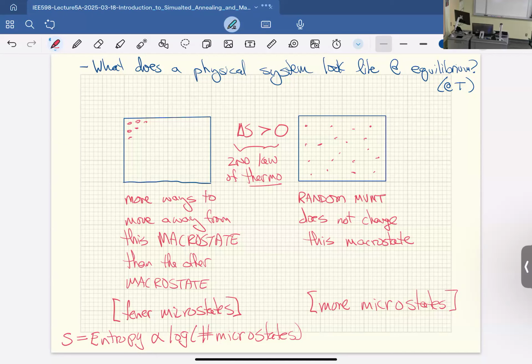That is the second law of thermodynamics. So we expect systems, at their macrostate level, to exhibit high entropy. We expect systems to be in distributions of microstates that correspond to these high entropy distributions.